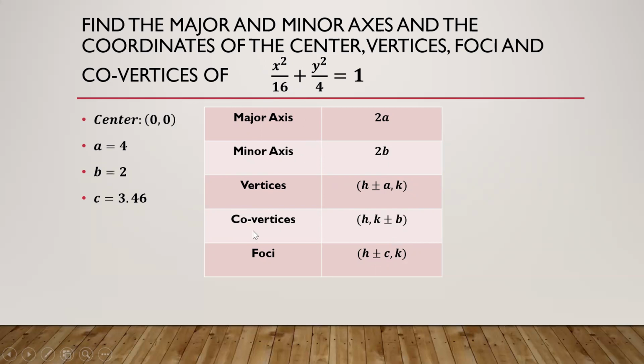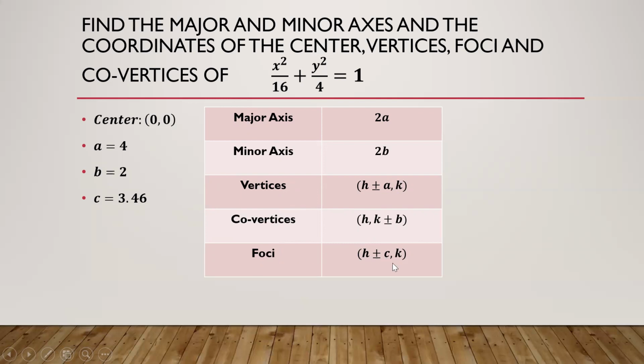Then for our co-vertices, we will manipulate k, or the y coordinate, because our b is with y. So for vertices, by the way, the number that we will be using is a, and for our co-vertices, we will be using b, and for our foci, it's c.